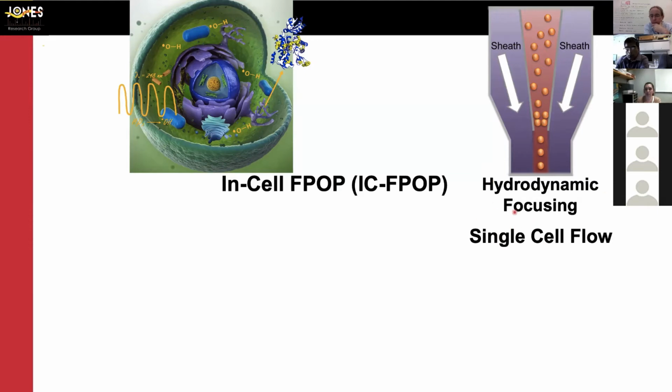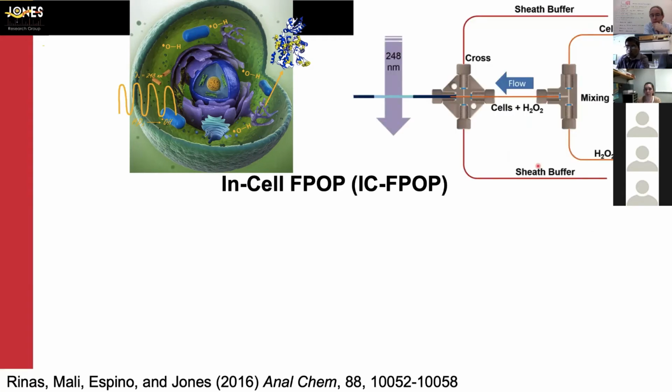So we did this based on hydrodynamic focusing, where you have a sheath buffer that flows on both sides of your cell stream, and it flows at a faster flow rate than your cells, and eventually it'll drag your cells along one at a time. So using this, we designed and built a flow system that was compatible with our laser. And as you can see, it actually has two stages.